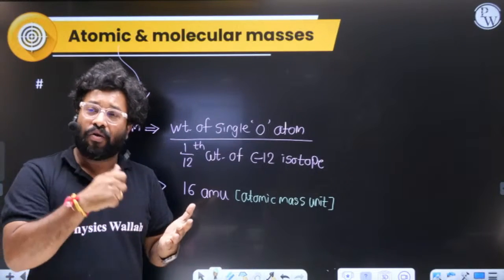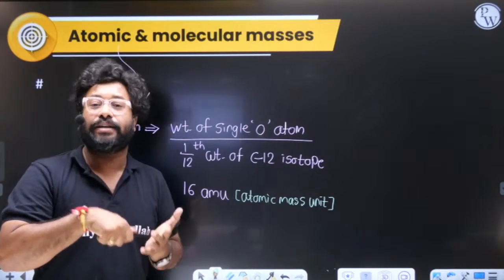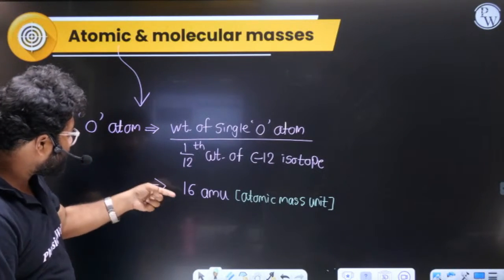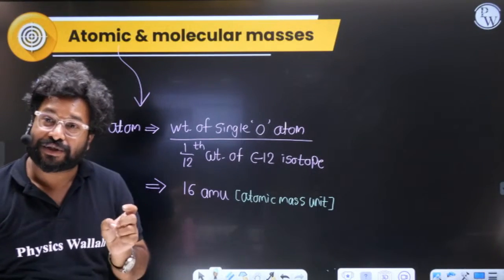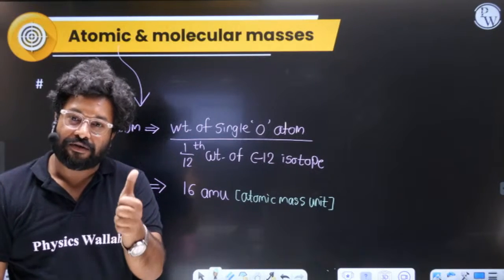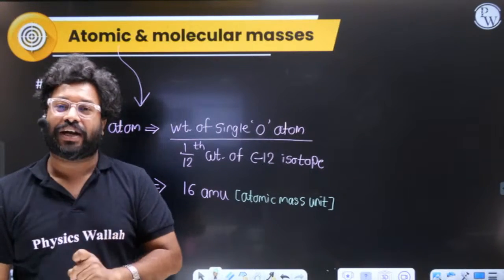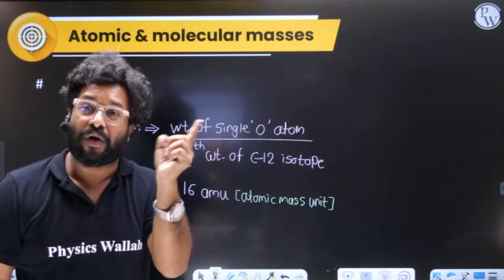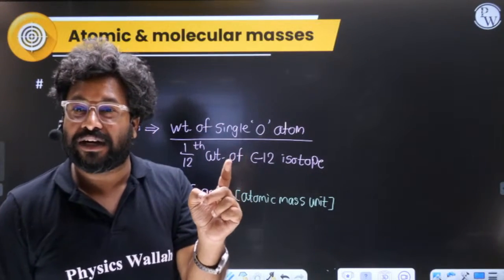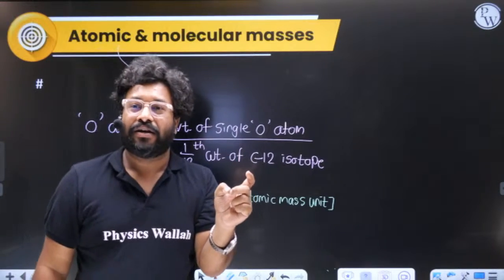And first of all, why do we take 16 grams? Let's understand that. So this is 16 AMU. It is the absolute weight of a single oxygen atom. But if you take 1 mole of oxygen atom, the weight of a single atom is actually double the atomic number of that given atom.